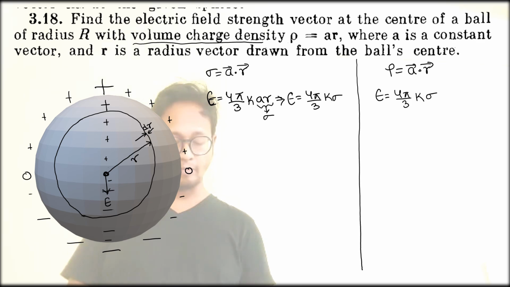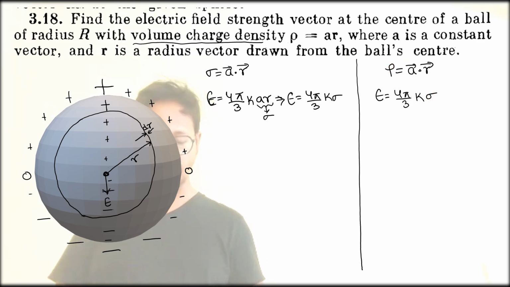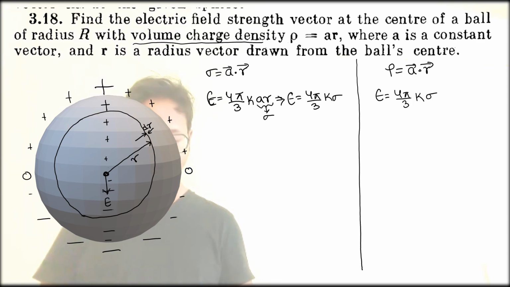But we have a problem out here. I cannot use sigma; I have to use rho out here. So what is the relation between rho and sigma? See properly out here. We integrated this shell by introducing dq. dq was nothing but the charge content in the shell.